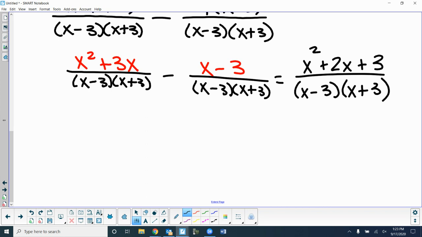That's a spot a lot of us will get in a hurry and miss that little detail. Minus a negative makes it addition. So I should think about factoring this. Are there factors of positive 3 that add up to positive 2? No, there is not. So this one's done. Can't factor that numerator.